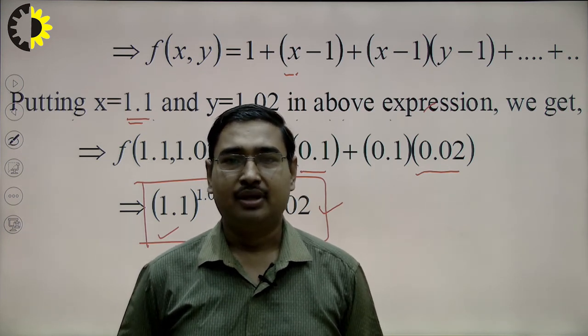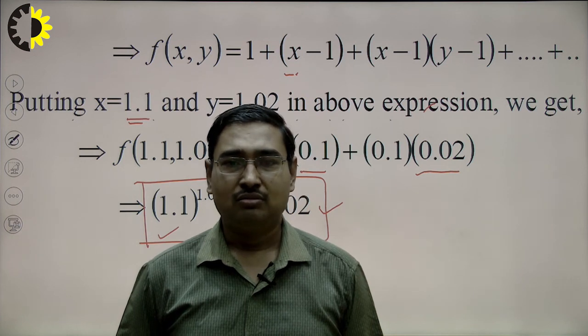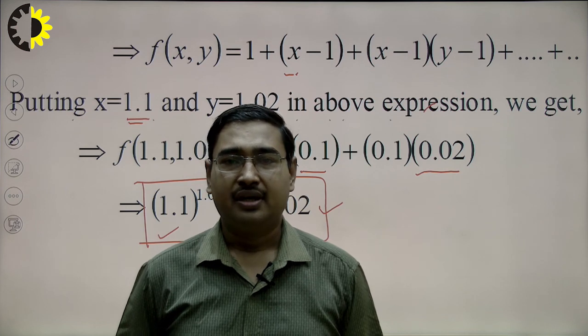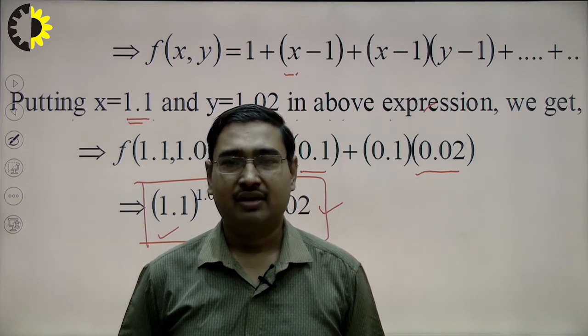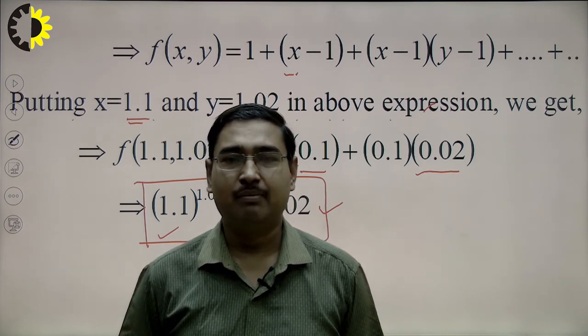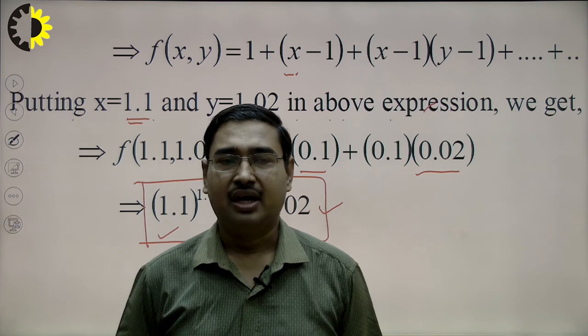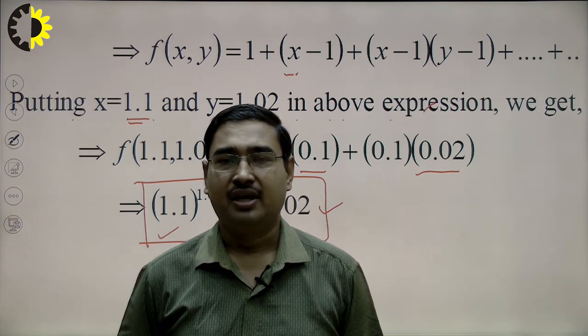In the next example, we also learnt how to approximate a function using Taylor's series. For this, the expansion of the function in suitable powers is calculated, and substituting the values of x and y in it, I can find the value of the function at a given point.